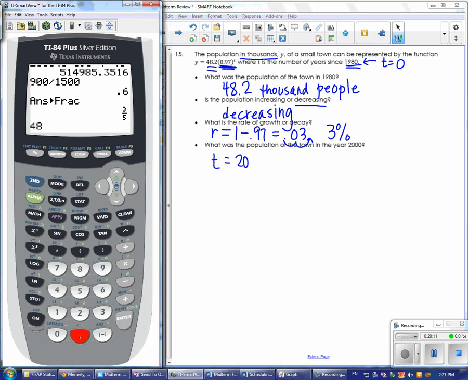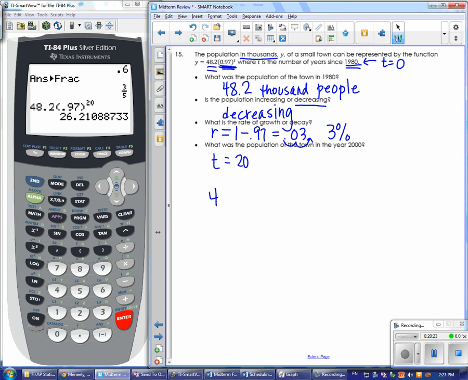So 48.2 times 0.97 to the 20th power. And I get, so let me write this out, 48.2 times 0.97 to the 20th power, and that leaves me with 26.21. I'm going to go ahead and do 3 decimal places. And again, I want to remember that I'm talking about thousands of people.